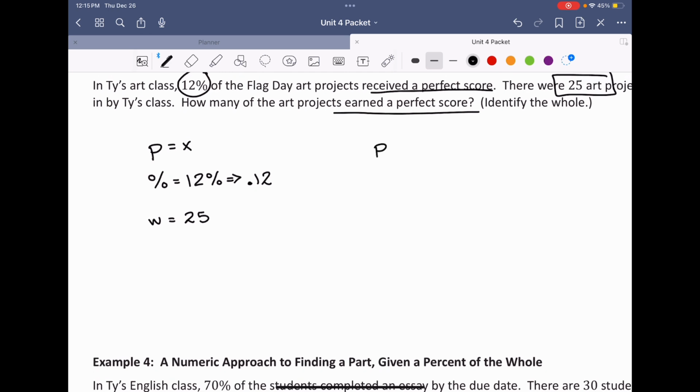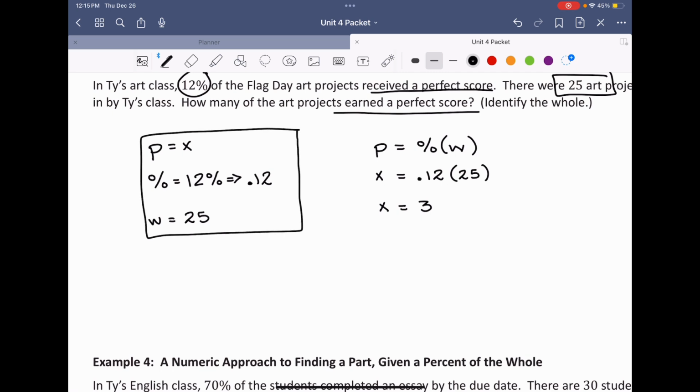So let's plug that into our formula. Part equals percent times whole. X equals 0.12 times 25 equals 3. So 3 people in the class got a perfect score.